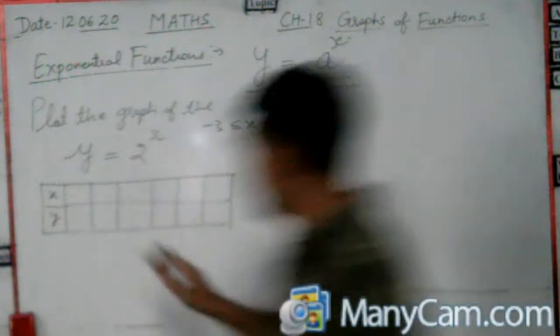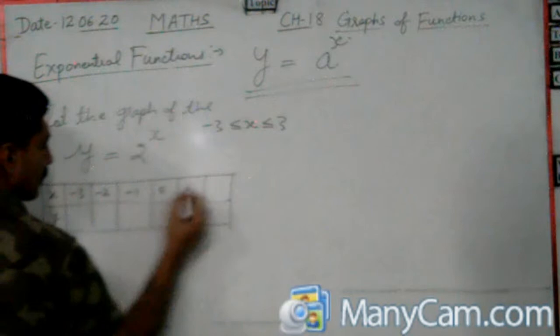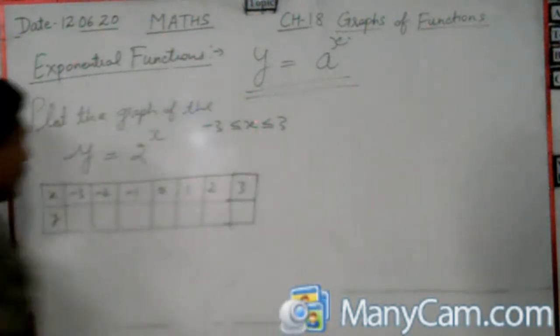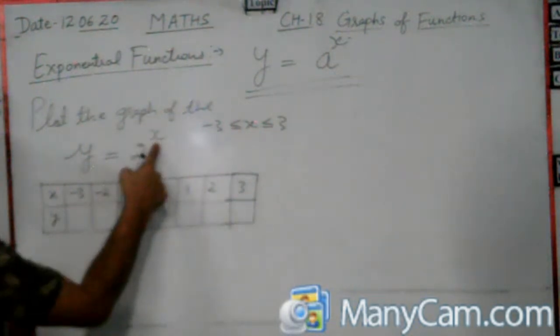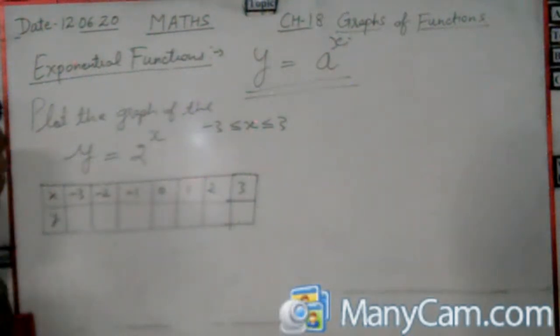So here minus 3. When x is 1, then y is 2.